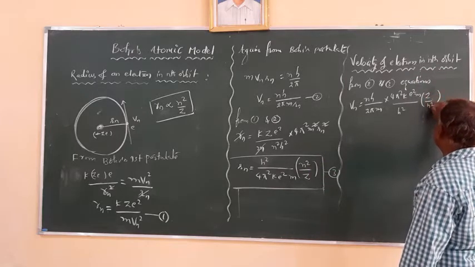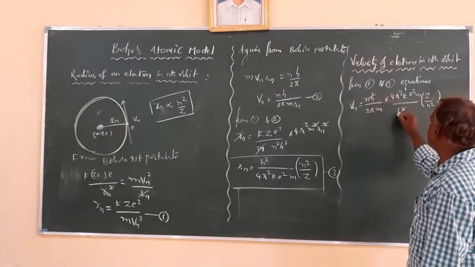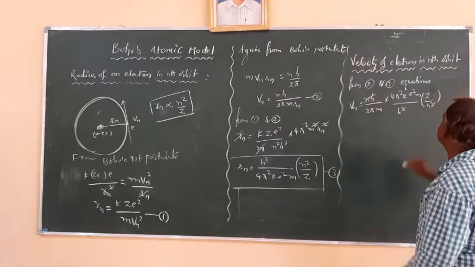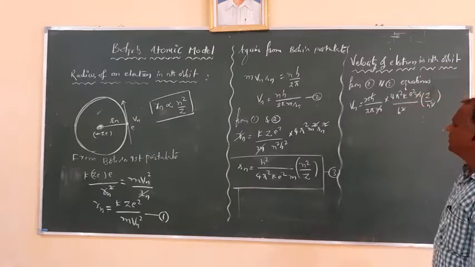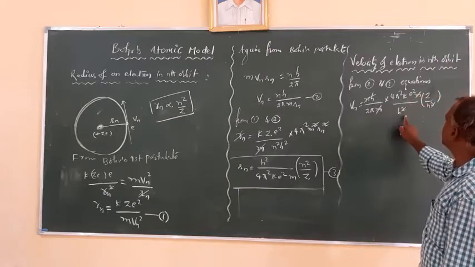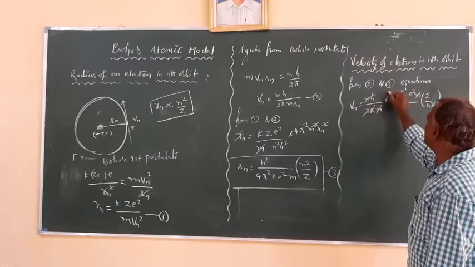Now just simplify the terms. Here h, one h, this n is cancelled, and this m is cancelled, right? Any other cancellation: one of the pi is cancelled, 2 is cancelled.